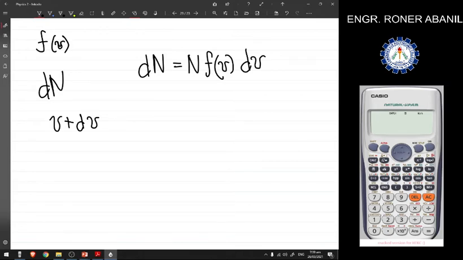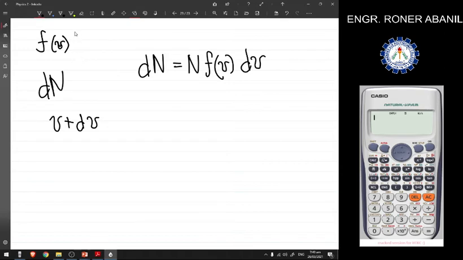We can also say that the probability that a randomly chosen molecule will have a speed in the interval v to v plus dv is the distribution function multiplied by dv. Hence, f(v) is the probability per unit speed interval, and it is not equal to the probability that a molecule has speed exactly equal to v, since probability is a pure number.